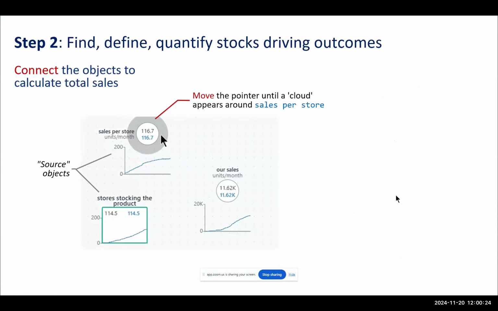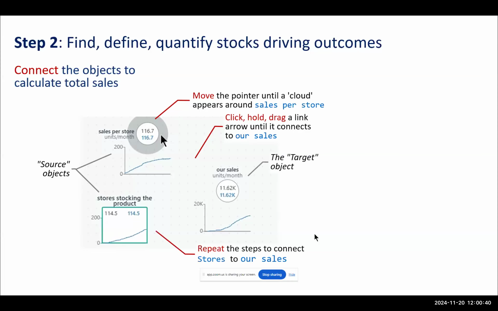We're going to move the mouse pointer until it is close to this variable, and a cloud thing appears. We're going to drag the mouse pointer away from that variable until it connects with the target object, and repeat those steps to connect stores to sales.